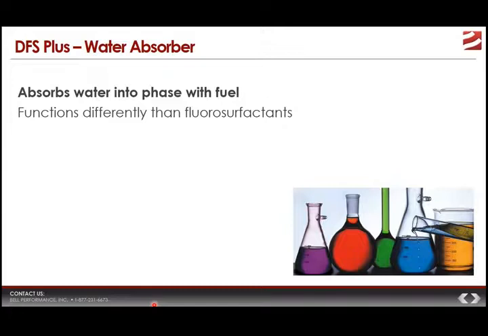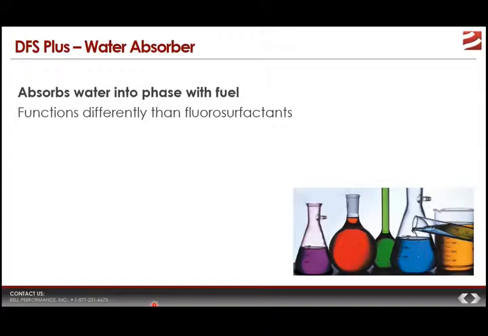Now, Bell Performance has other fuel treatments like Mix-A-Go, Marine Mix-A-Go, Diesel, and those traditionally have had water controllers in there, but they have used different things. They have used fluorosurfactants to essentially break the water up into very small bubbles, particles, whatever you want to call them, very small micelles, and then suspend them in the fuel.